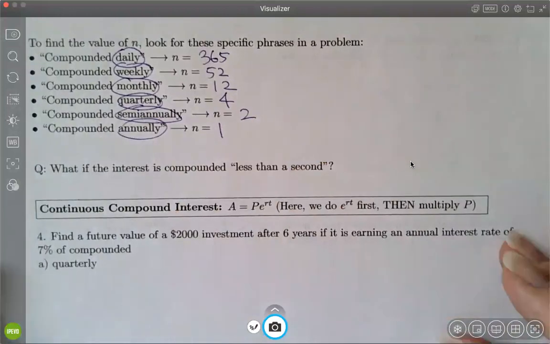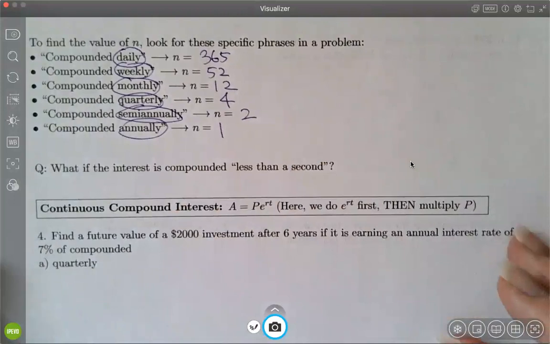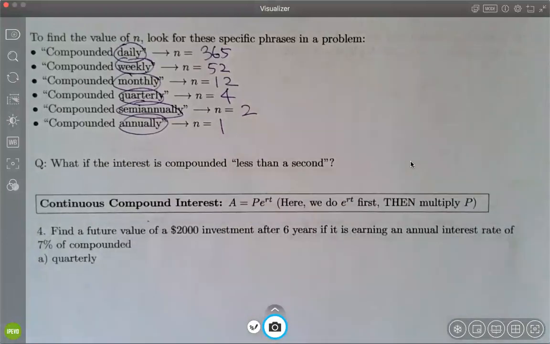Now, as you can see, the smallest unit that we are dealing with is days. But can the interest be compounded less than days? Maybe hourly, per minute, per second, less than a second? Is that even possible? Oh yes. Continuous compound interest.